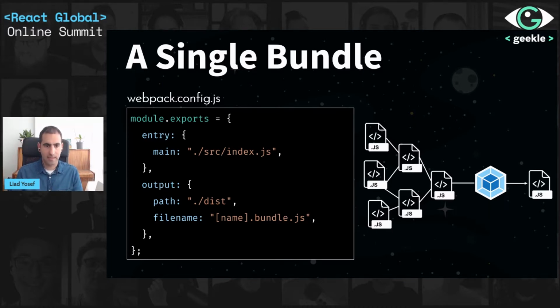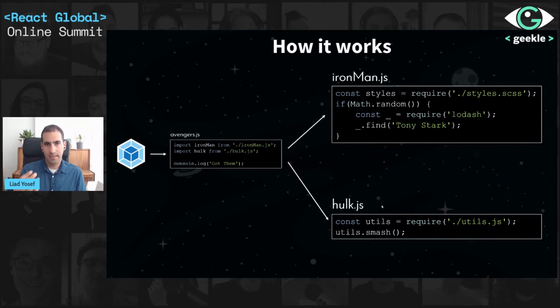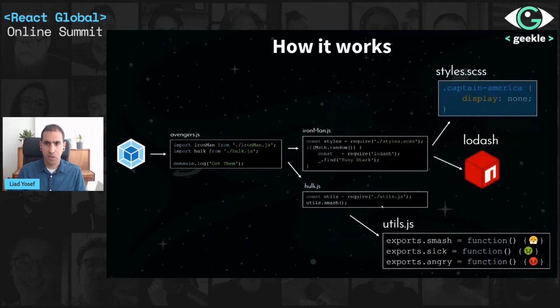Okay, so it's like here. Let's say I want to build the Avengers app. So I have the Avengers that import Iron Man and Hulk, right? And Iron Man is maybe some sort of a CommonJS file, so not ES modules, but CommonJS, and Hulk is another file, and they in turn import CSS files and maybe an NPM package or maybe a utility package, and all of this is imported.